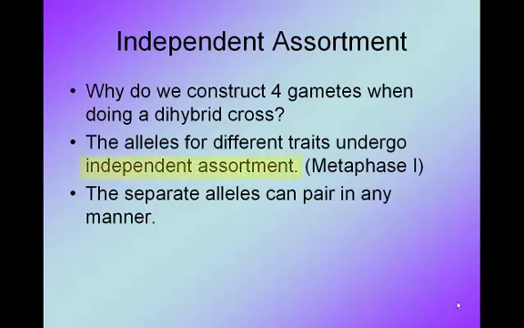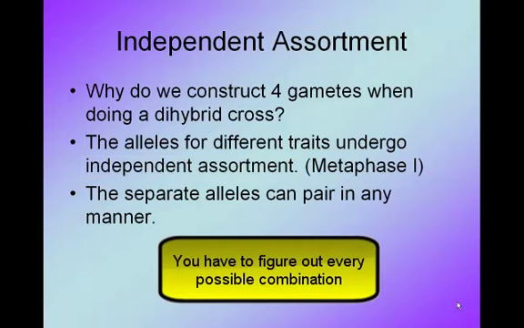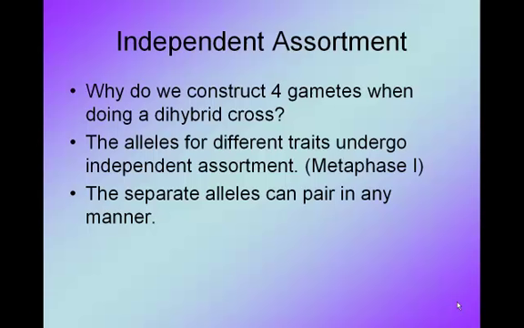It means the alleles line up randomly, the chromosomes line up randomly. So the alleles can pair up in any kind of manner. So we have to account for all of the different possible pairings. When you're working with 2 traits, that makes 4 possible combinations.